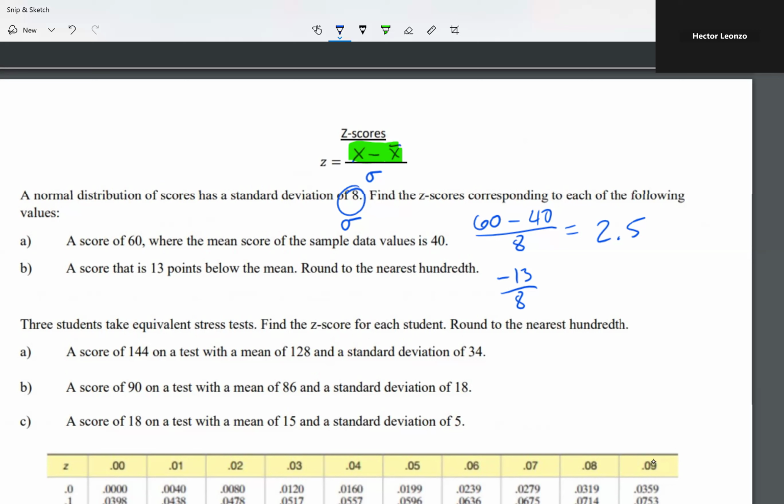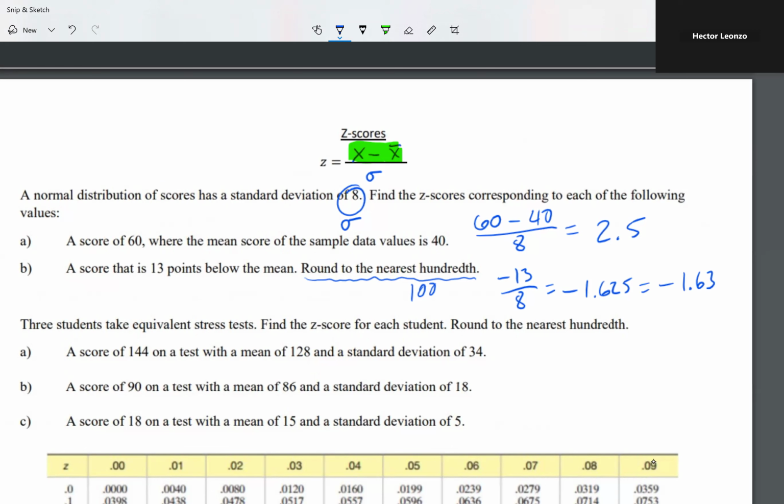So negative 13 divided by the standard deviation is going to give me negative 1.625. But then I hear it says round to the nearest hundredth. So TH means we're dealing with decimals. Hundredth sounds like a 1 with 2 zeros. So because there's 2 zeros, that means 2 decimal places. So my answer will be negative 1.63.